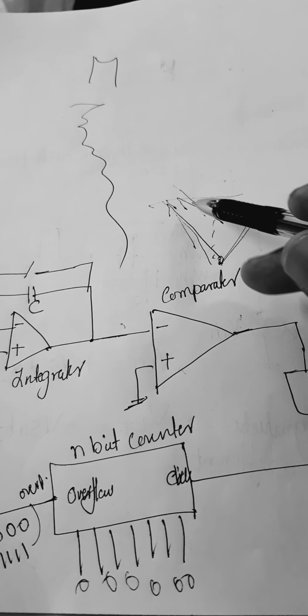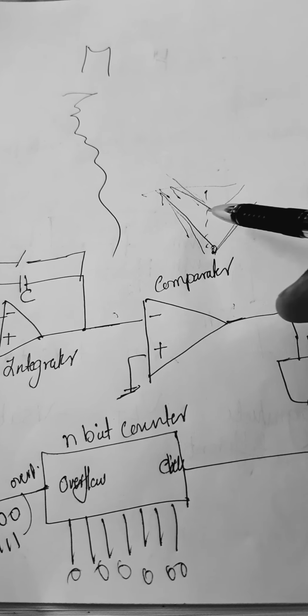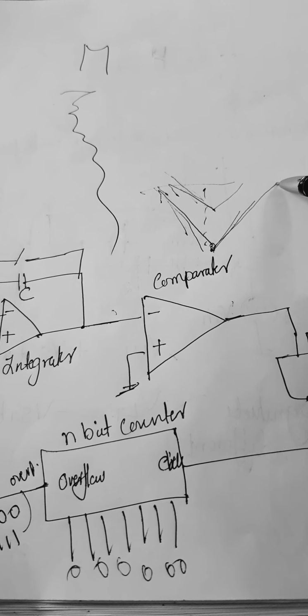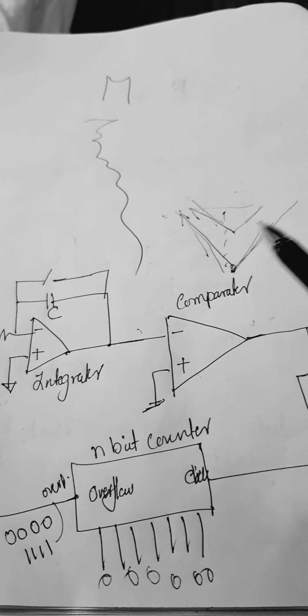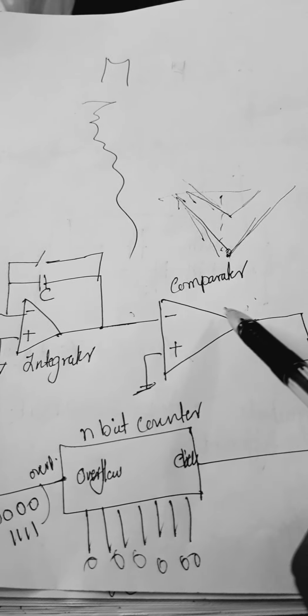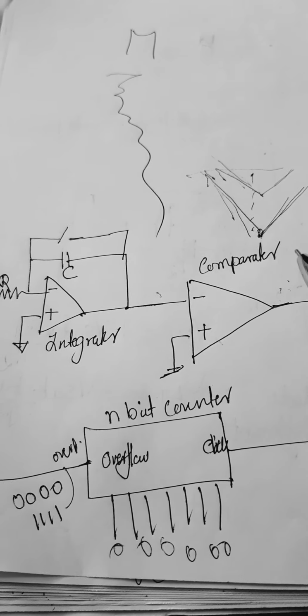When the depth is small, it takes small time; when the depth is more, it takes more time to reach 0. Once the integrator output reaches 0, the comparator output is 0, the counter stops, and whatever the counter output is, that will be the output of the dual slope.